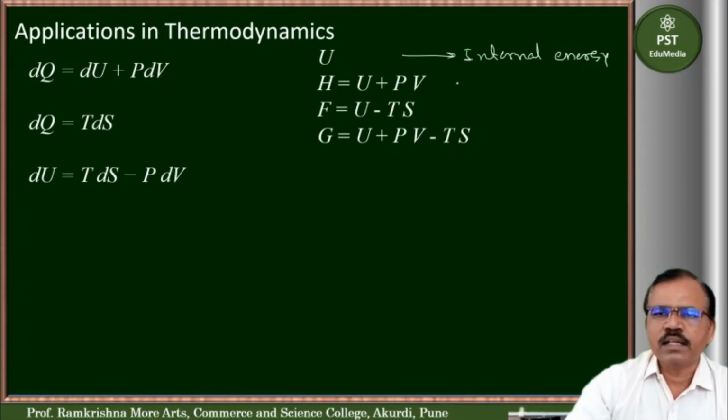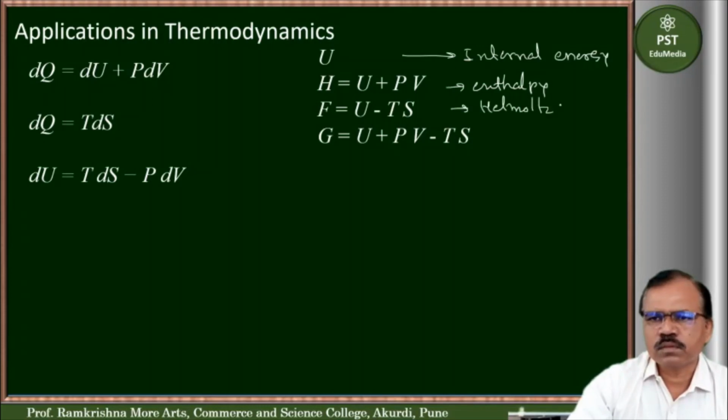Internal energy. H is called enthalpy. F is called Helmholtz free energy. And G is called Gibbs free energy.